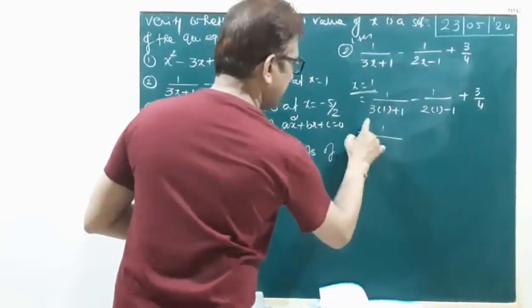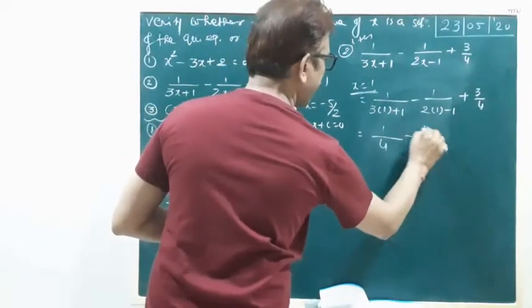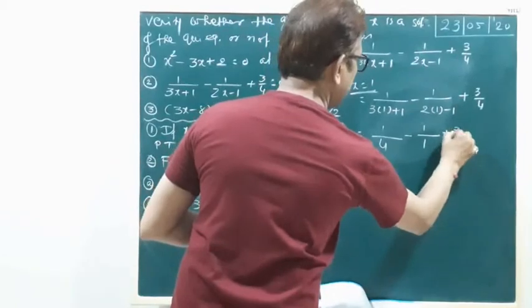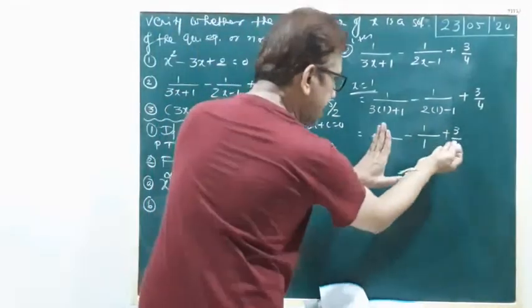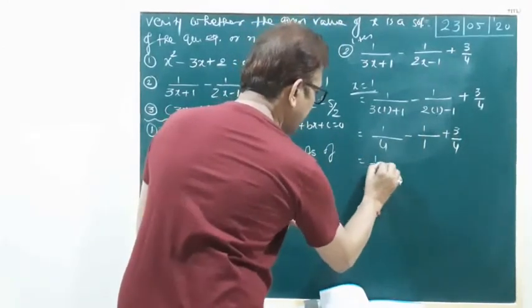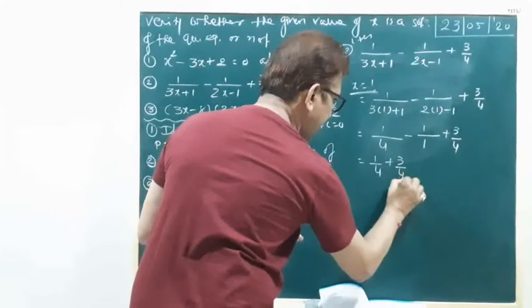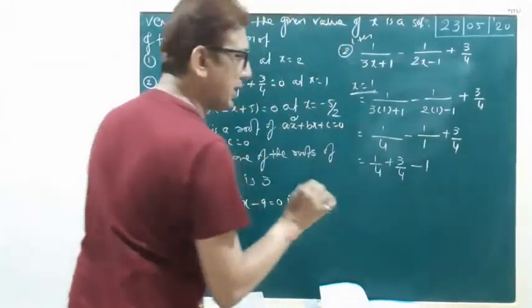Clear? 3 ones are 3 plus 1, so 1 by 4. 2 ones are 2 minus 1, so 1, plus 3 by 4. Now rearrange the terms: 1 by 4, then 3 by 4, then the last term 1 upon 1, that is 1.